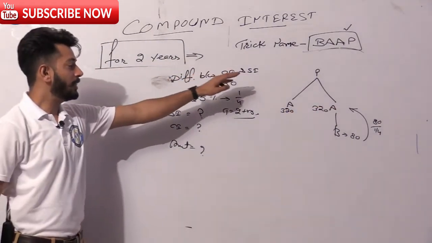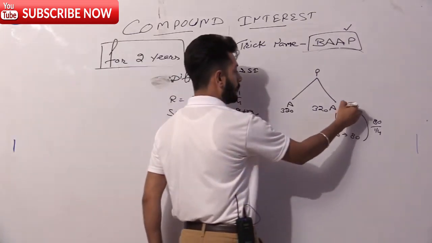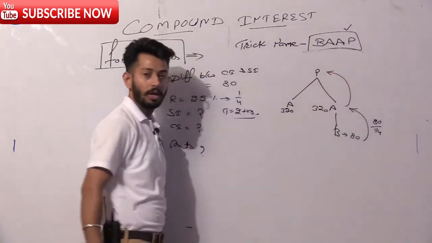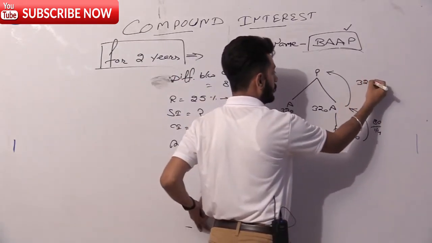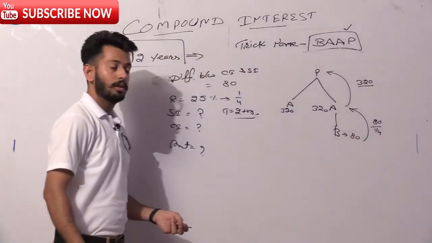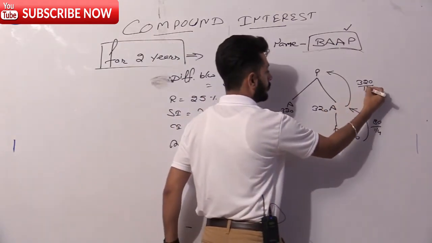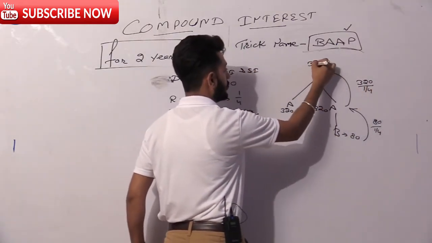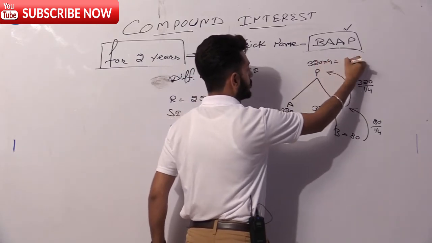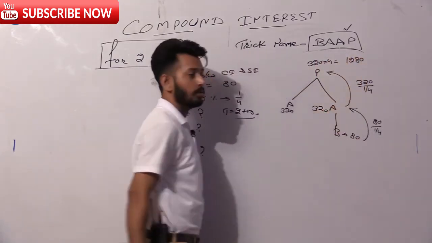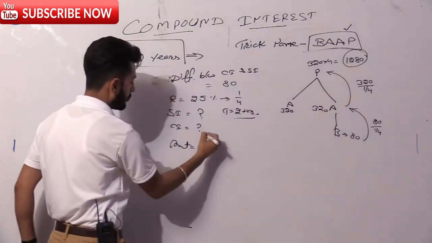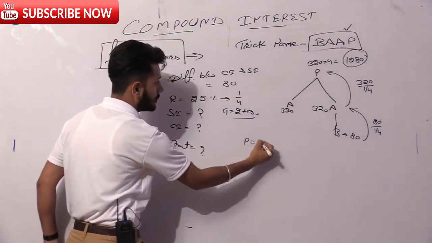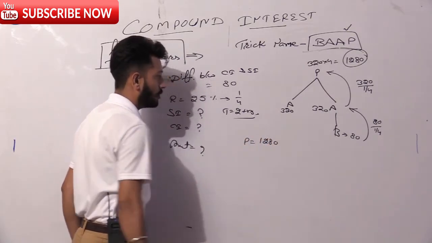Now we have to reach P. To reach P, we have to move one step more upward. To move one step more, we have to again divide 320 by 1/4, which becomes 320 into 4, which is 1280. Here we get the value of P, which is 1280.